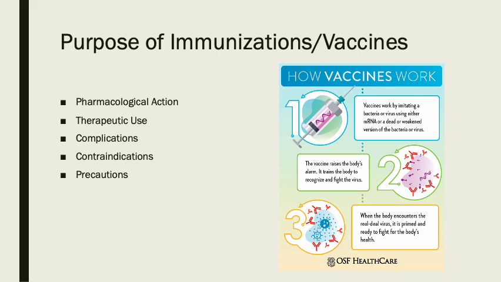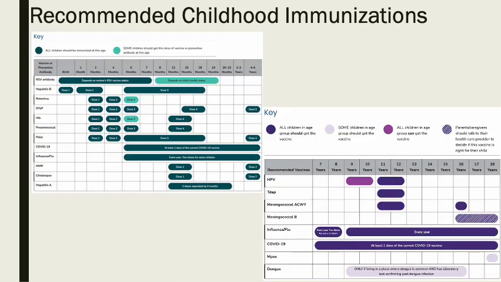Providers have to analyze data and weigh the risks that come with immunizing versus not immunizing and which precautions should be taken. If someone gets moderately or severely ill with or without a fever, that is also a precaution to receiving an immunization. However, a minor cold or other minor illnesses are not a contraindication or precaution for receiving immunizations.